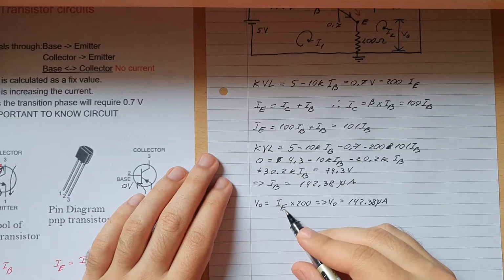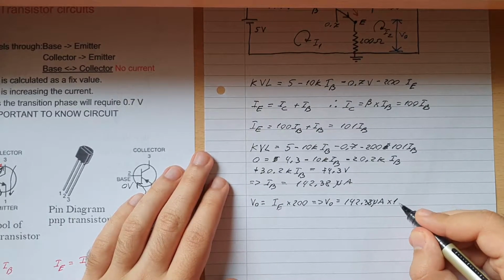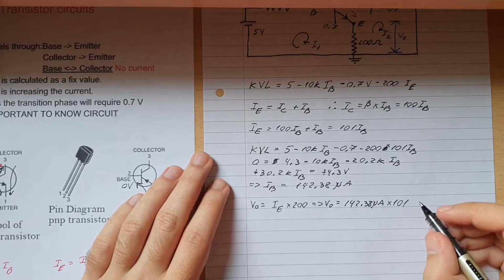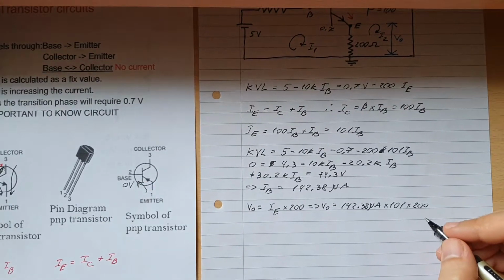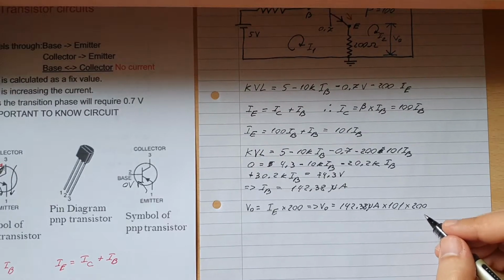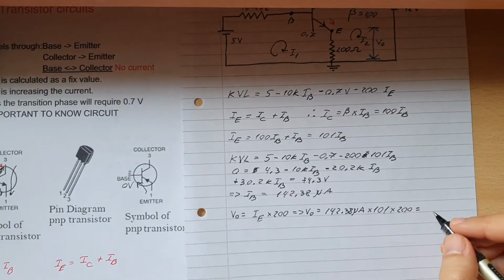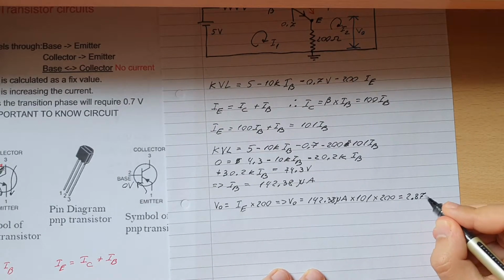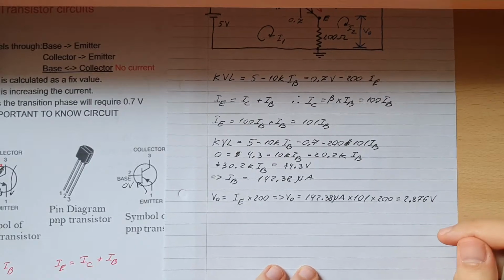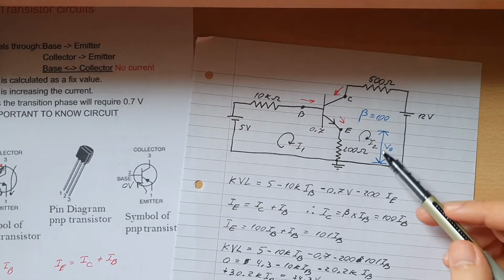And remember, IE is 101 times bigger, so it'll be times 101. Okay, and then we multiply that by 200 as well. Alright, and when you do this calculation, the answer that you'll get will simply be 2.876 volts. Okay, and that's the voltage output that we'll get here at V out.